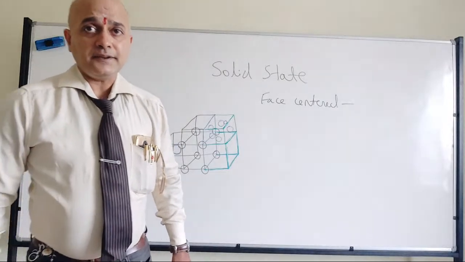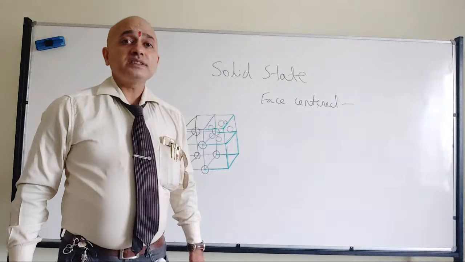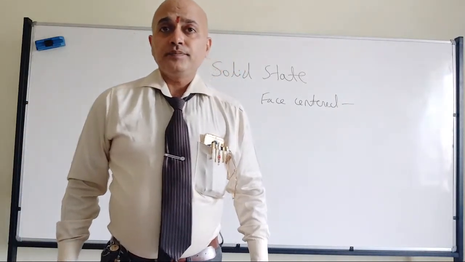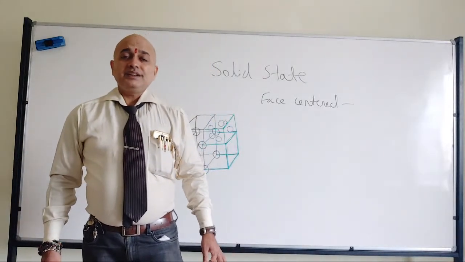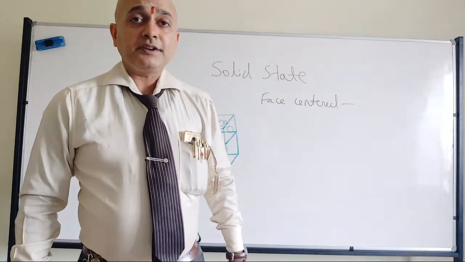Altogether 6 is there. Now you should tell me, an atom which is present in the center of the face, whether it will be shared. Yes, it will be shared.